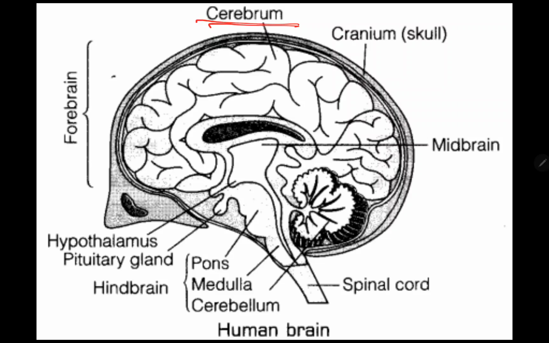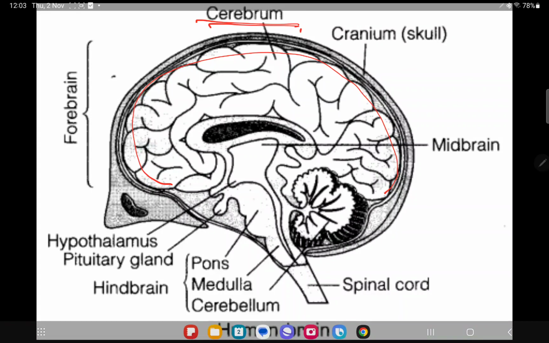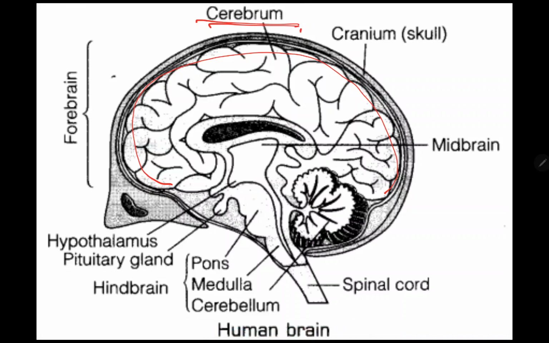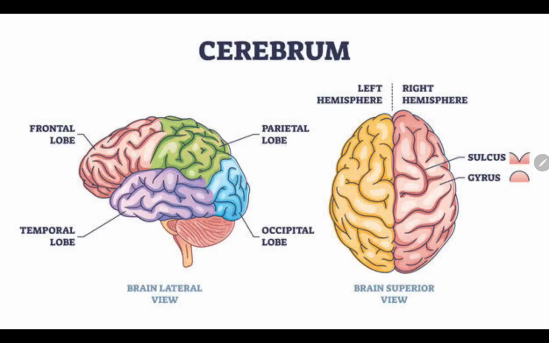Remember one thing, the cerebrum is the largest part of the brain. The folding structure you are seeing is all the cerebrum. It consists of the cerebral cortex and other subcortical structures. It is composed of two cerebral hemispheres, right and left.